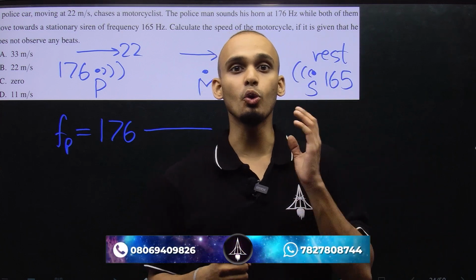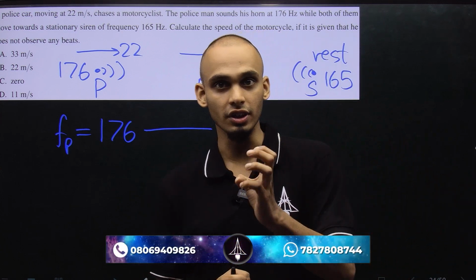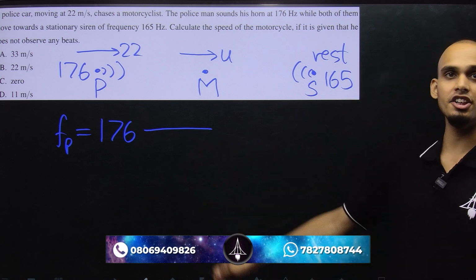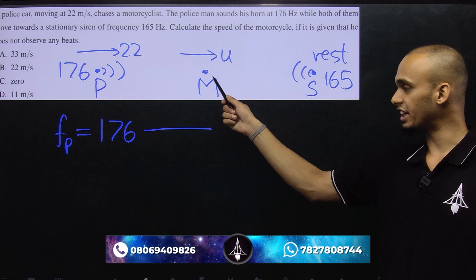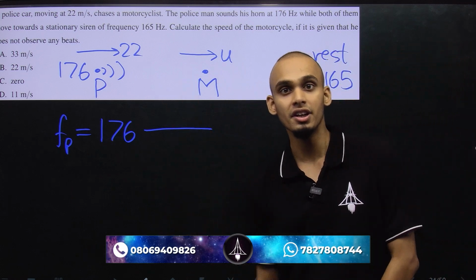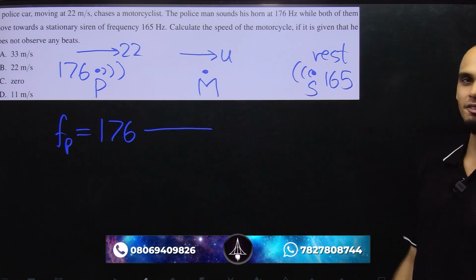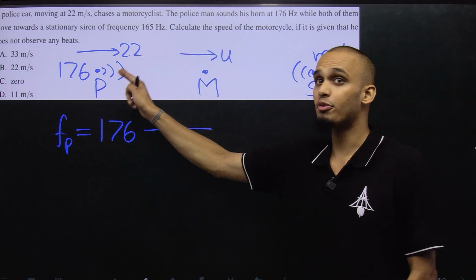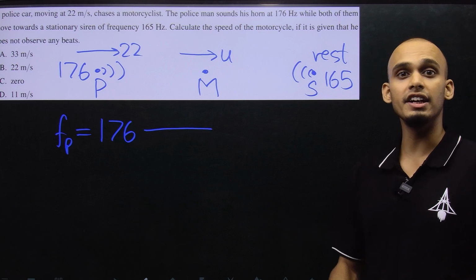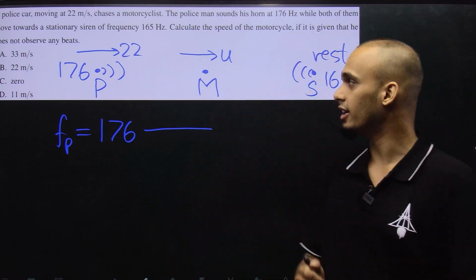If a source is moving towards the observer, the velocity in the denominator will be negative, and if a detector is moving away from the observer, the velocity will be negative for it again. Since the detector is moving away from the source, its speed will try to decrease the frequency.